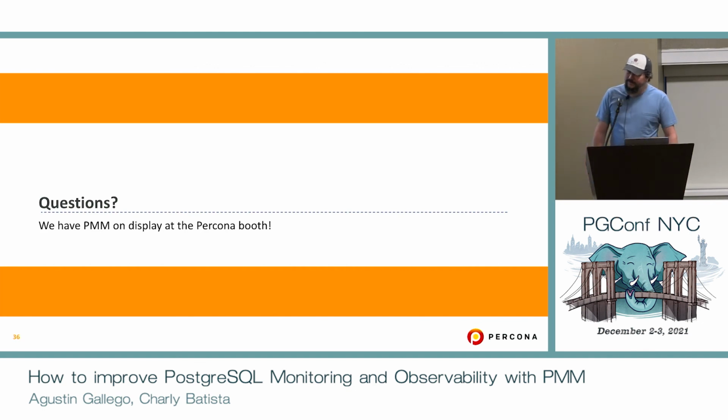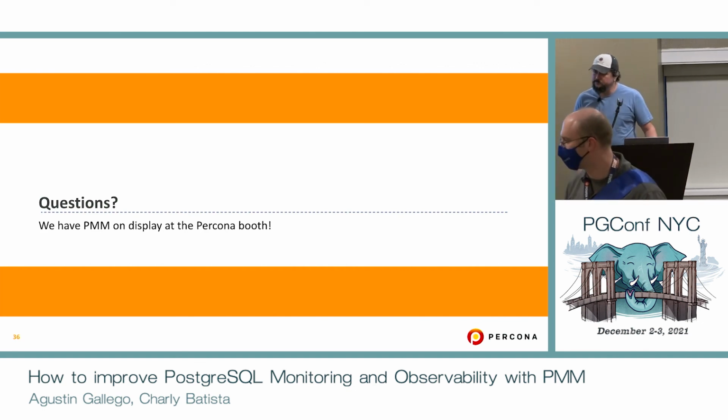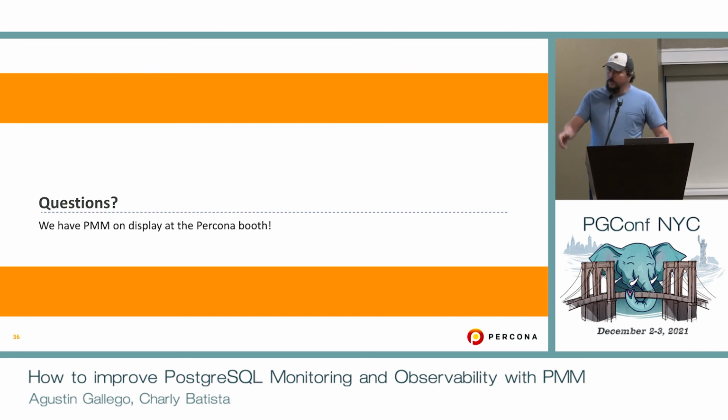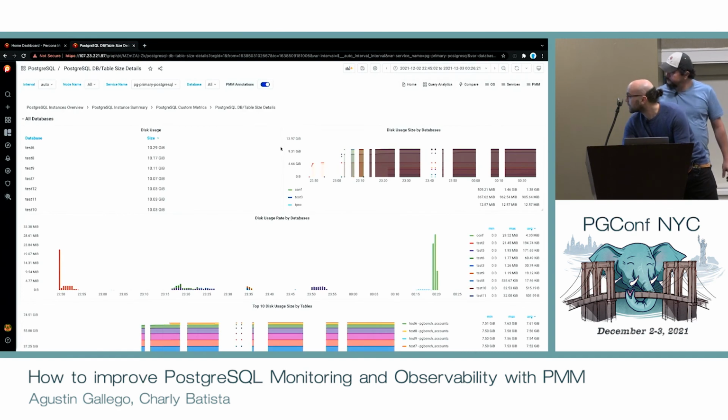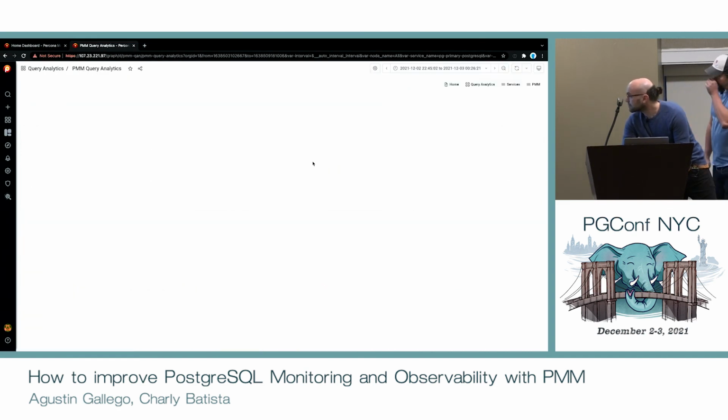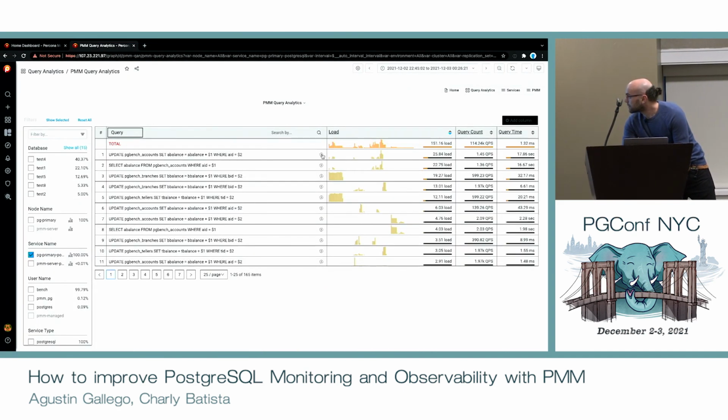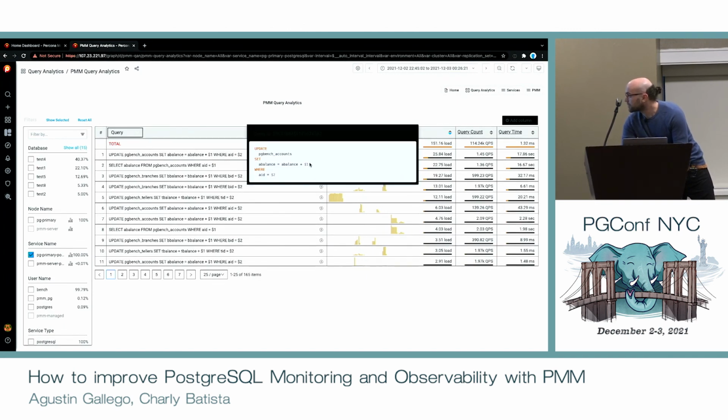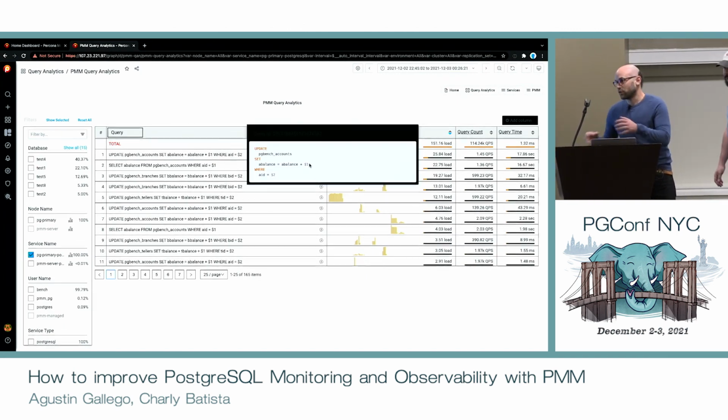Yeah, I was wondering, for the query analysis, when you aggregate the queries, do you parse things out so more queries could aggregate together, like things from the where clause? Yeah, we do. Let me see if we can go back to the query analytics. You have a tooltip here that tells you, and if you can see there are parameters there, those make a family of queries. No matter the parameters you have there, this query will be the same if you used where AID equals 1, 2, or 5 million.